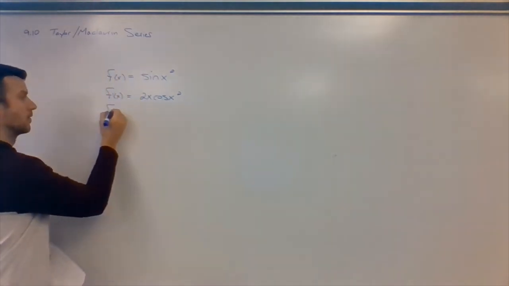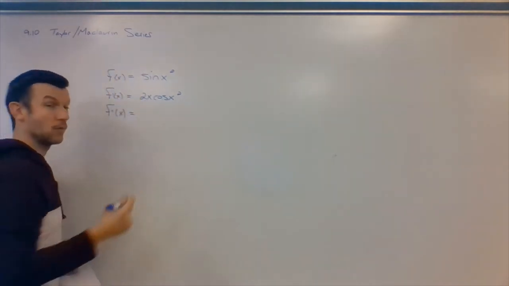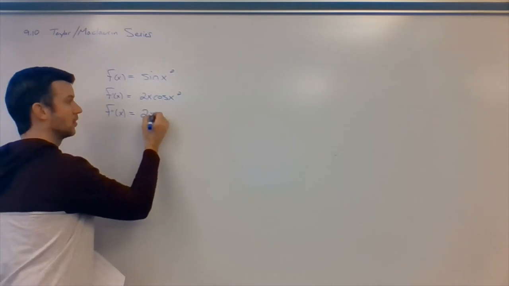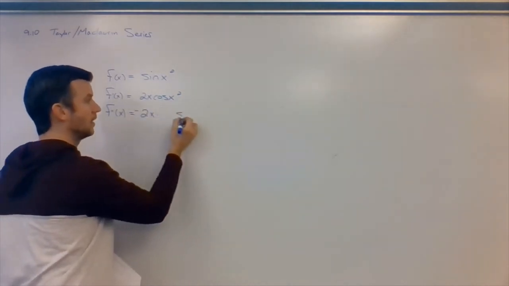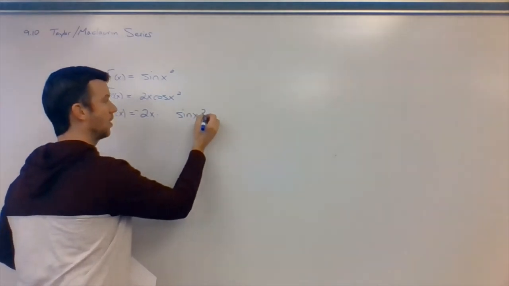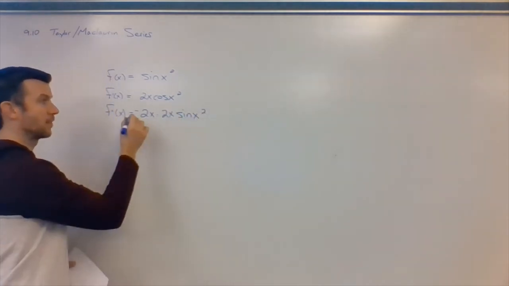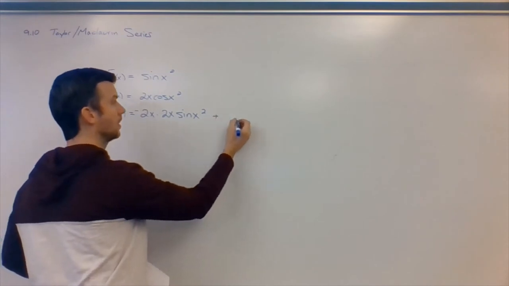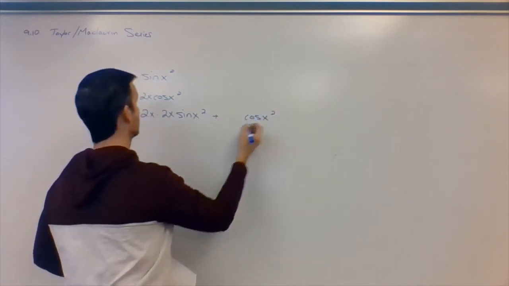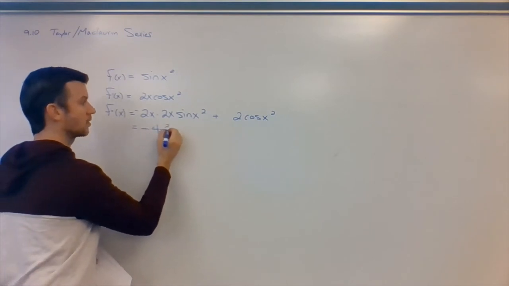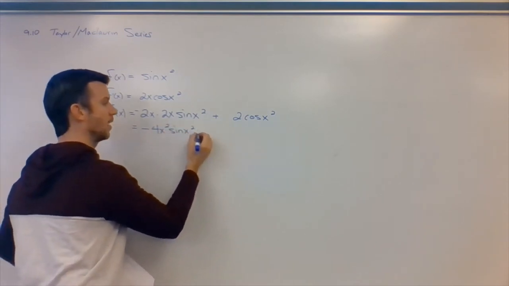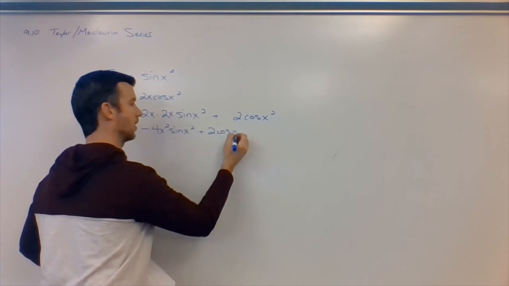The second derivative would require the product rule. The first times the derivative of the second, which would be a negative sine of x squared times 2x, plus the second times the derivative of the first, which gives me a negative 4x squared sine of x squared plus 2 cosine of x squared.